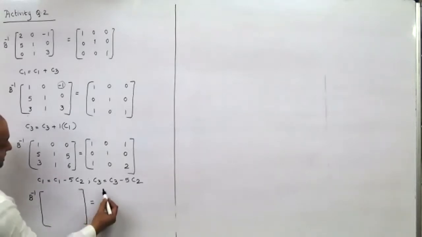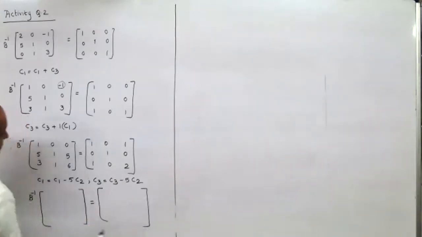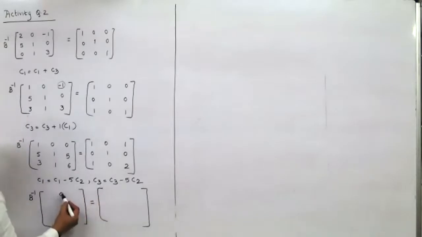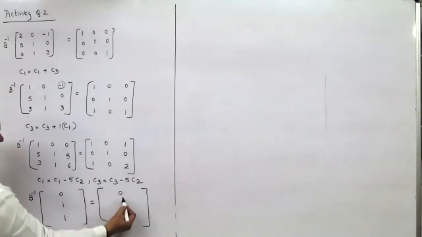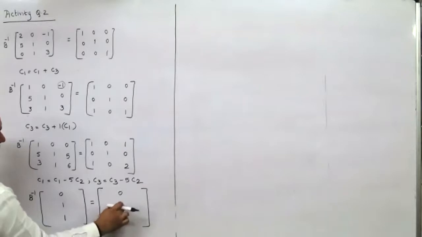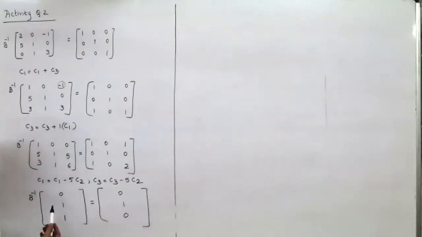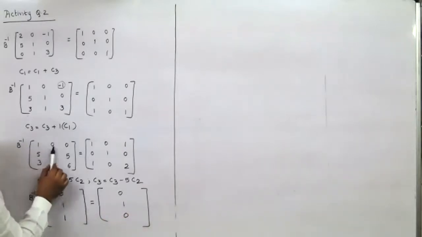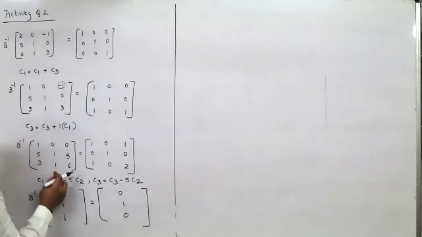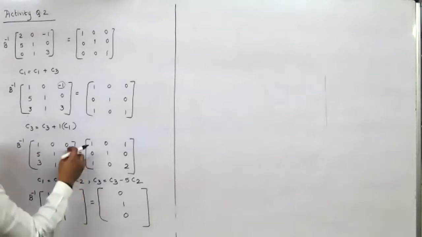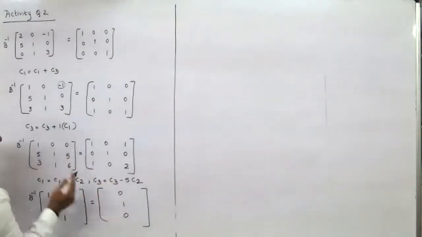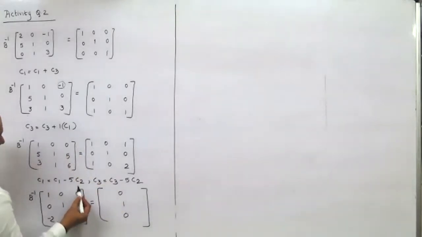So here this is equal to C1 and C3 undergo change, C2 remains as it is. So write this first. Now this would be 1 minus 5 times 0, 1; 5 minus 5 times 1, 0; 3 minus 5 times 1, minus 2; 0 minus 5 times 0, 0; 5 minus 5 times 1, 0; 6 minus 5 times 1, 1.